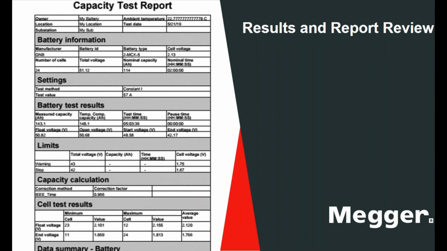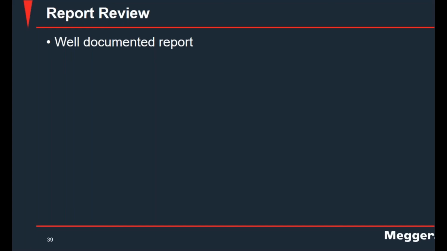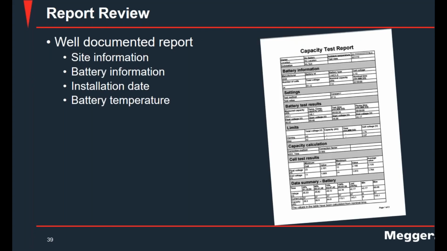So no matter what you're using, the report has to be very well documented. You want to have in that report the site information, the battery information, the installation date, and battery temperature. And these last two pieces are very critical: the installation date and battery temperature, because you need them for the correction factor, and you need to be sure that you are comparing apples to apples.